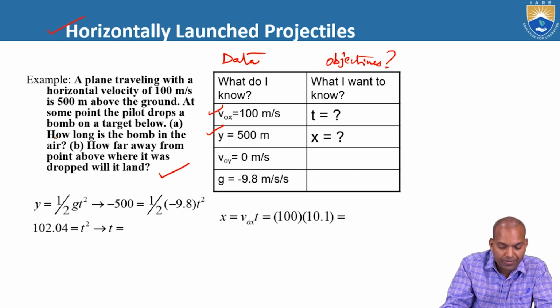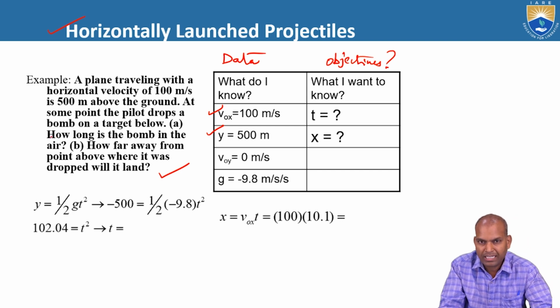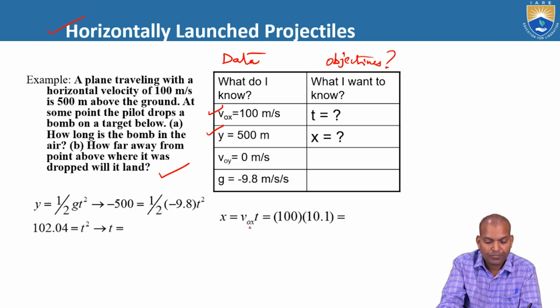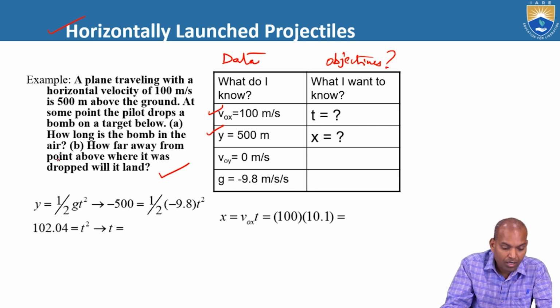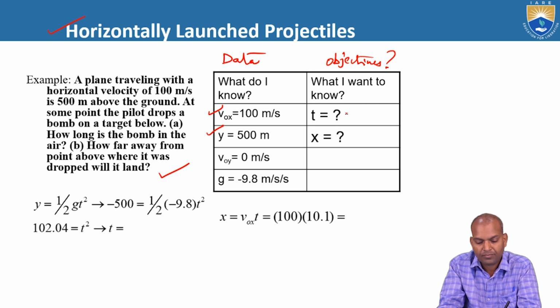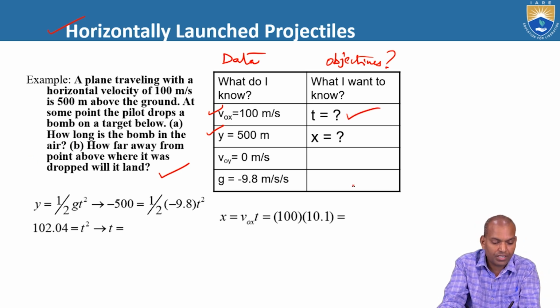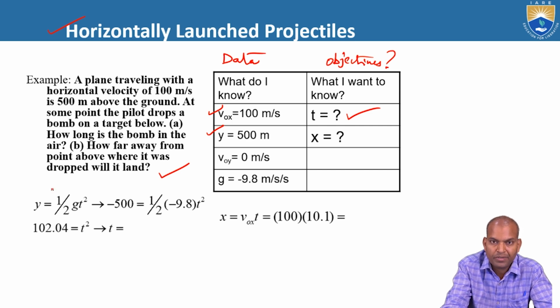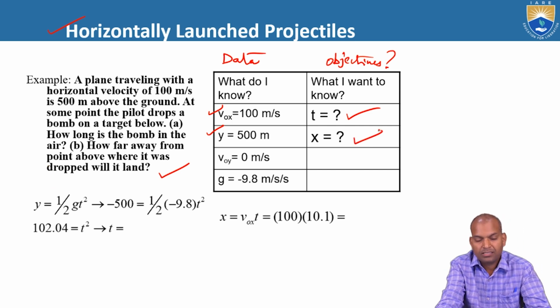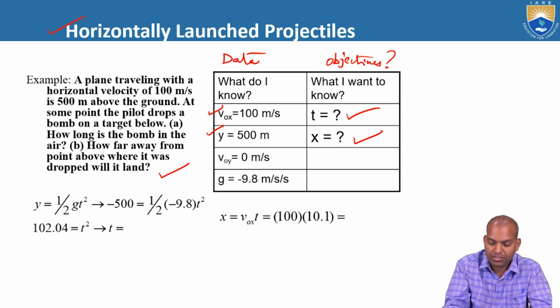And v_oy, the vertical component, is 0, whereas g equals 9.8 meters per second squared. And what is to be found? How long is the bomb in the air? How long means what's the time? And how far away from the point above where it was dropped will it land? That is x. We have to find these two things.